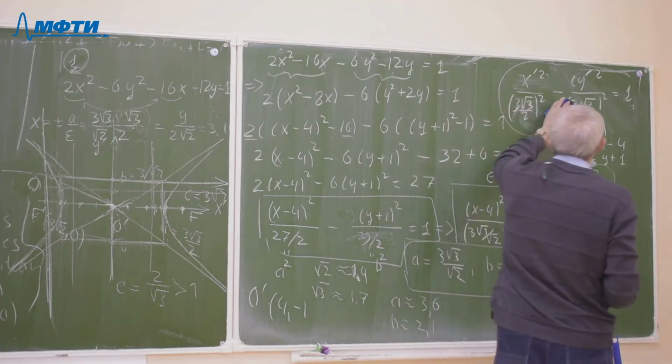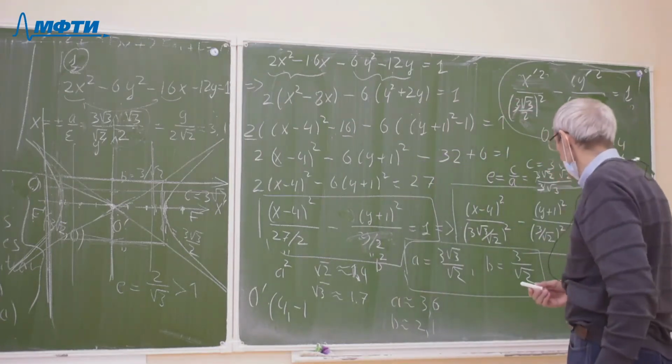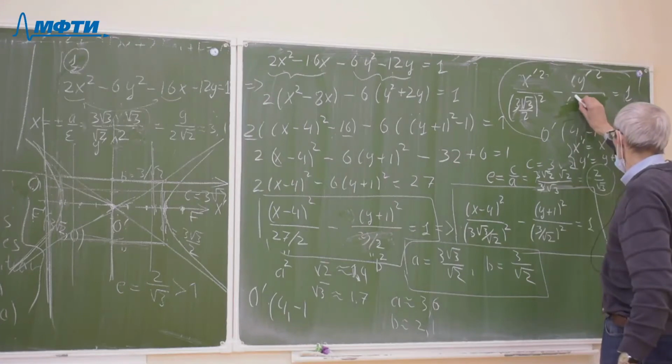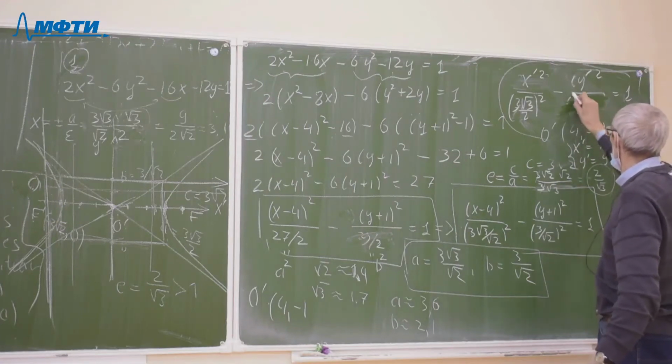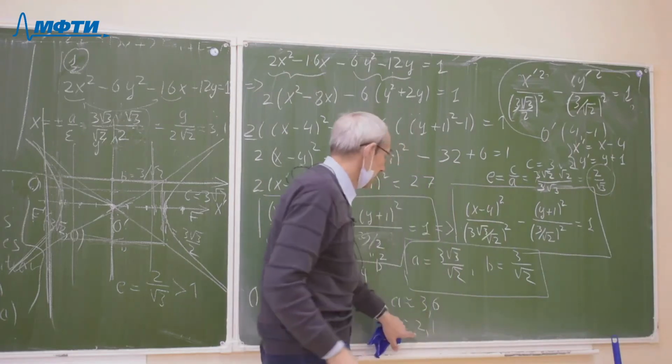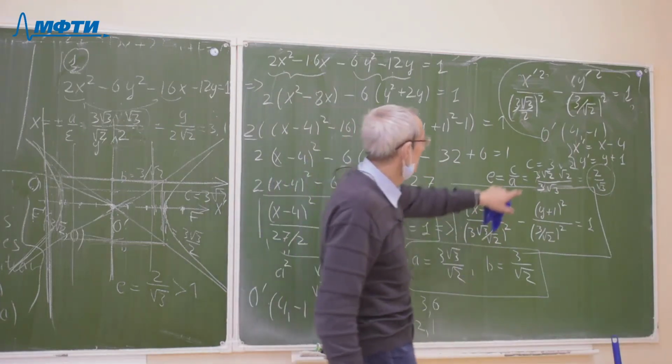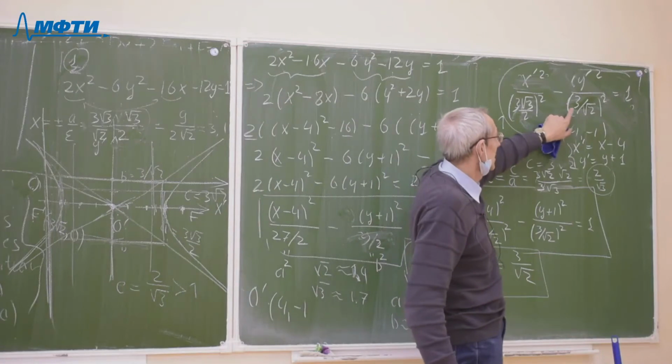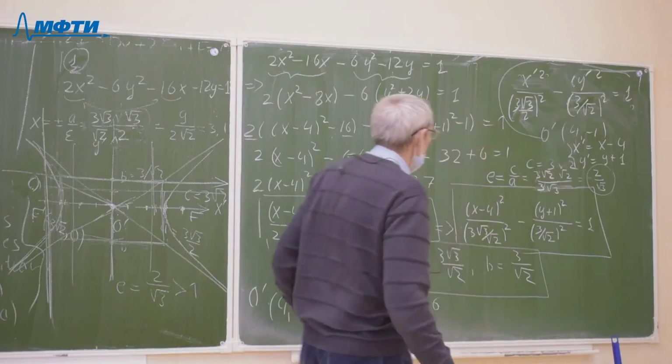I'm sorry, mistake. The ratio is 3:2, and exactly equal to 2.1. That's right, this expression is right.